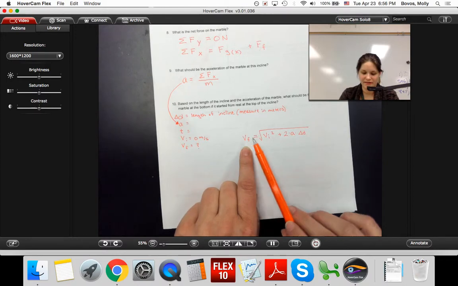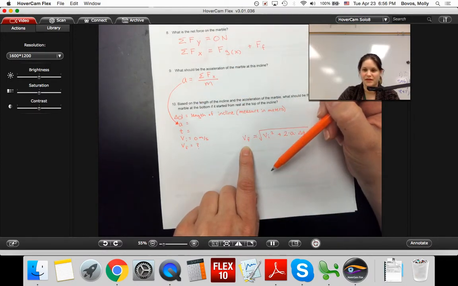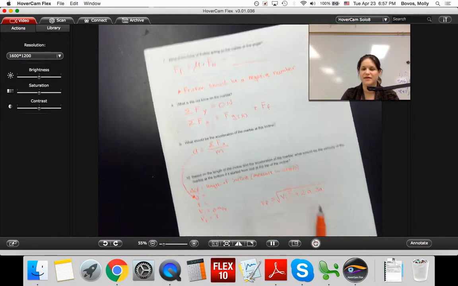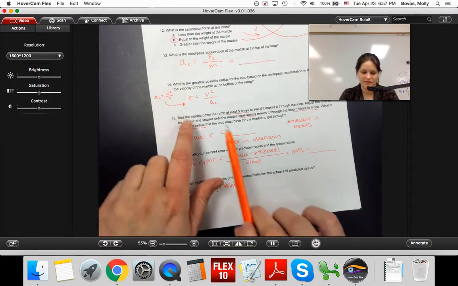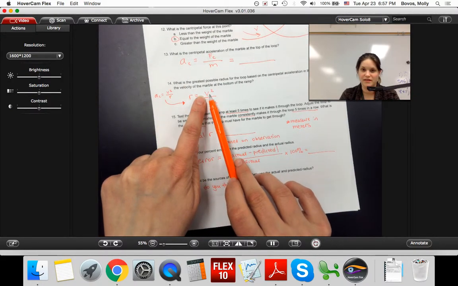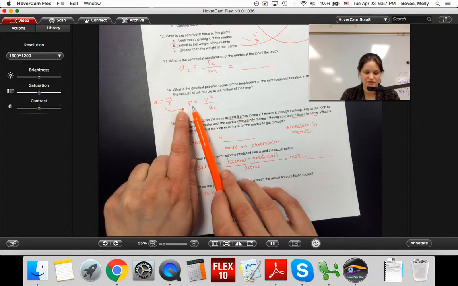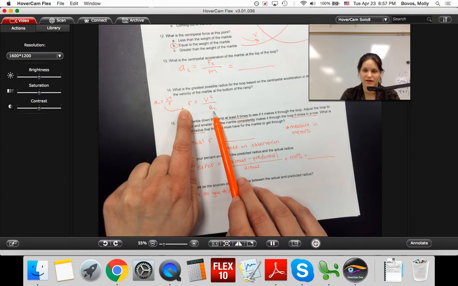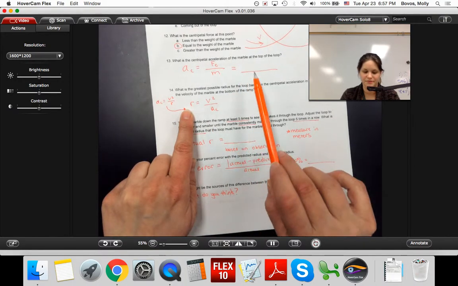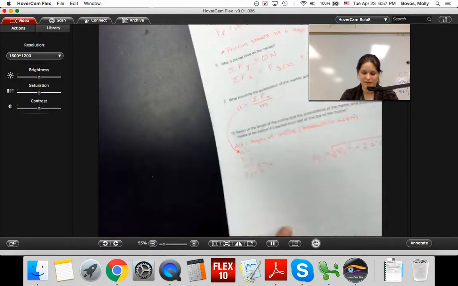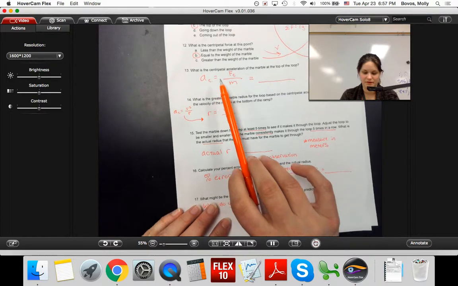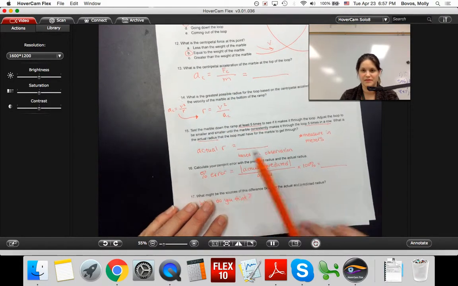When you were finding that final velocity at the bottom of the incline, that's what this number is. Now we're using that as our velocity in here. And I've just rearranged it to r is v squared over the centripetal acceleration. So you're taking your answer to number 10, and you're taking your answer to number 13, and plugging them into this formula.